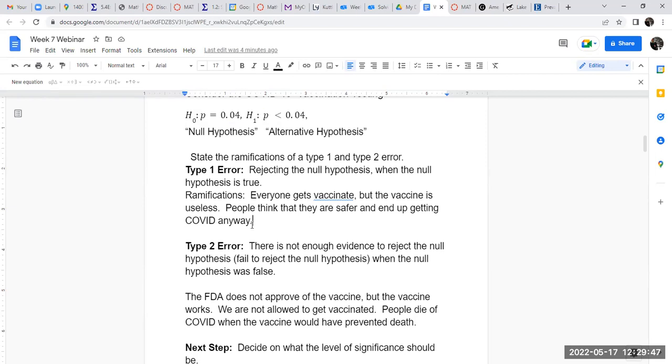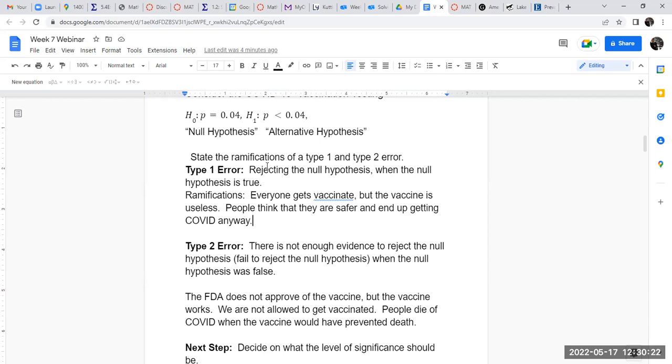So in that case, there is just not enough evidence to reject the null hypothesis. Exactly. The reasoning is if you end up not having the evidence, then it means one of two things. Either P was 0.04, or maybe your sample size is just too small and you weren't able to get the evidence. But you never know if your sample size is too small.